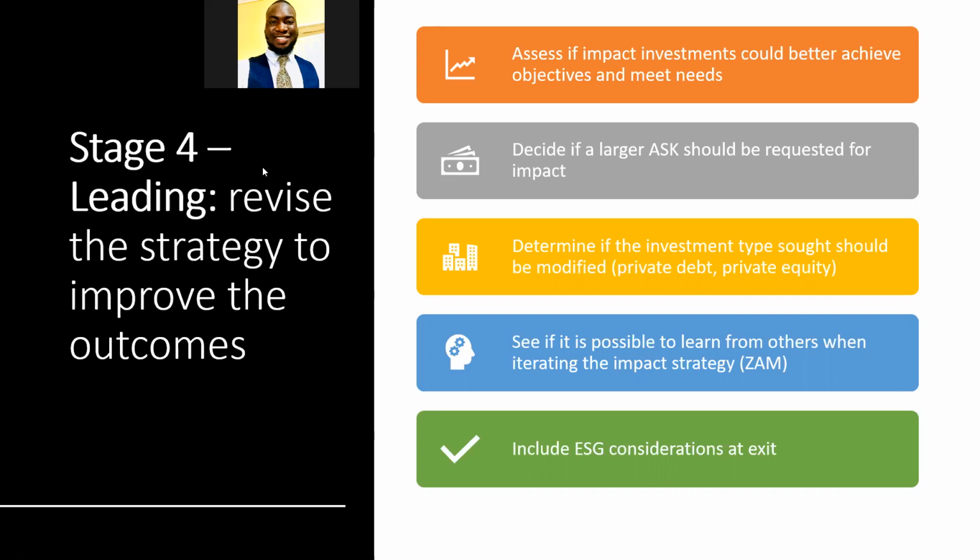So is it possible to learn from some of the efforts or activities that are carried out by the Zambia Association of Manufacturers, or some that are carried out by the Private Sector Development Association, and so on and so forth.